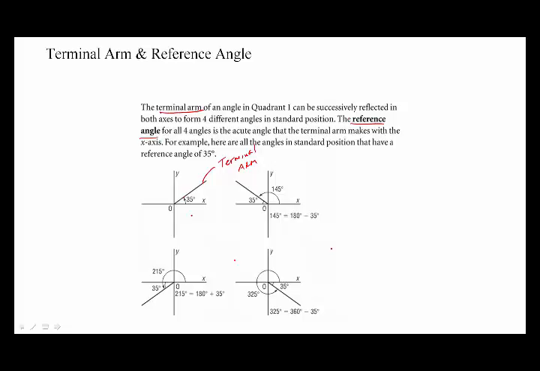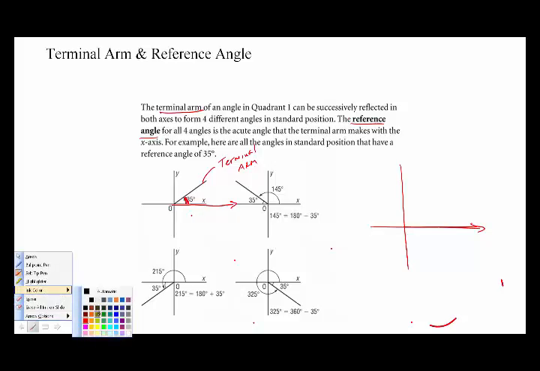And the angle here is formed by how far away the terminal arm is from the positive x-axis. So an angle of 0 degrees would start with the terminal arm sitting right on top of the x-axis.